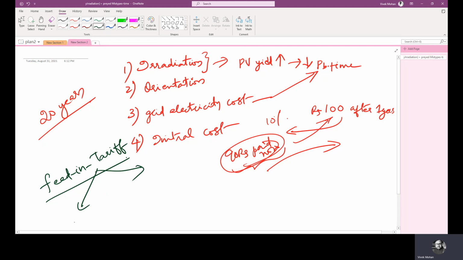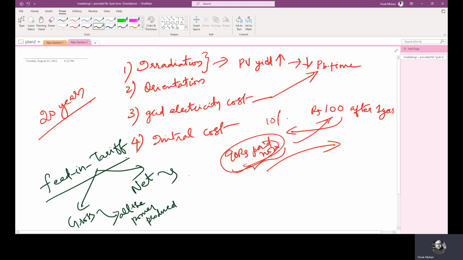Okay. So now feed-in tariff is of two types. One is gross feed-in tariff and another one is net feed-in tariff. The gross feed-in tariff is paid for all the electricity the panels produce, for all the power produced.